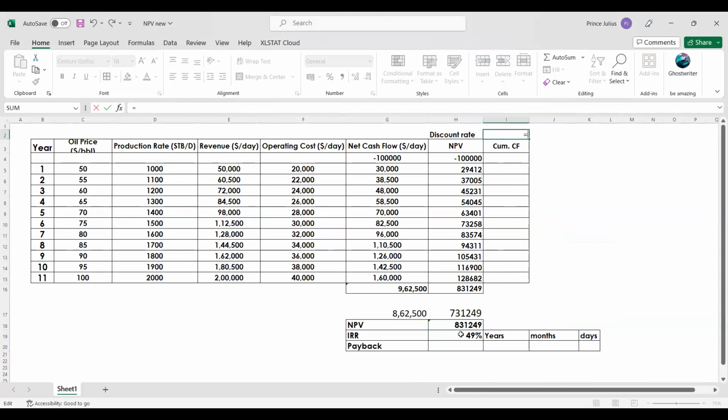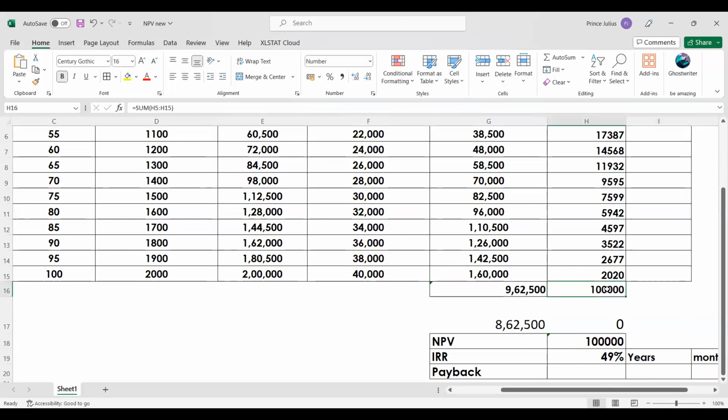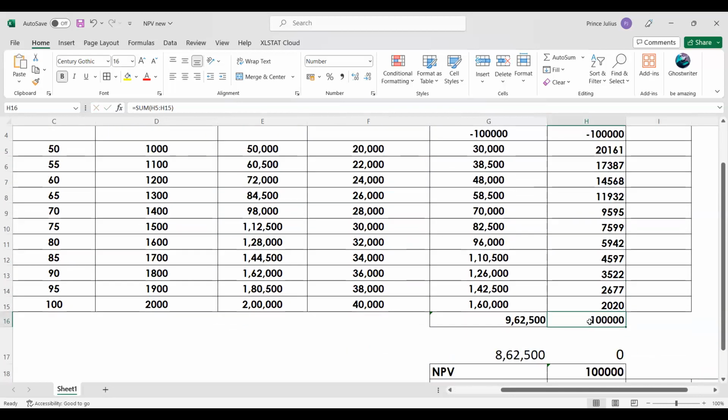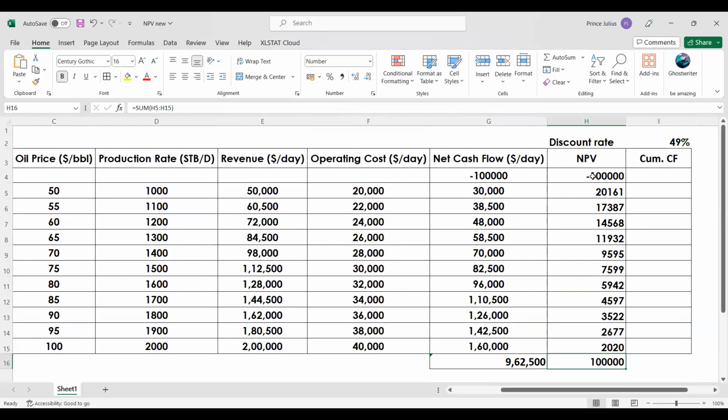Earlier the discount rate was 2%. Right now I kept the discount rate as IRR, and I am going to enter. See the changes. The NPV, the discounted value at the end, is 1 lakh, which is your initial investment.